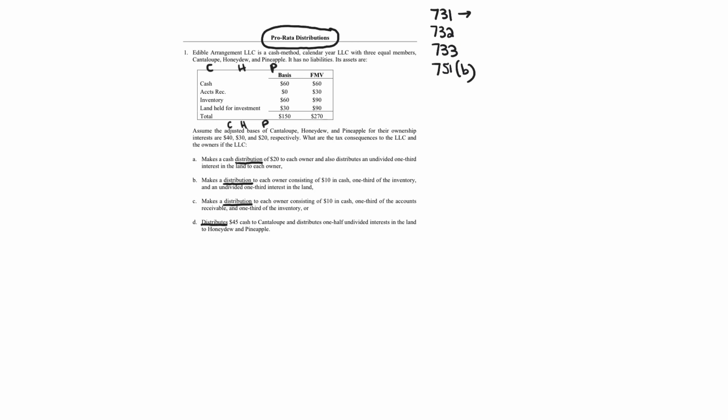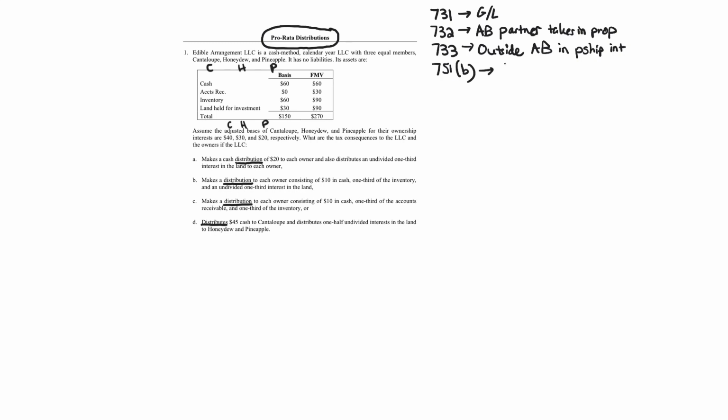We're going to go through some examples of where they might have gain, they might not, or loss, either this problem or the next problem. 732, so 731 is the gain or loss. 732 is the adjusted basis the partner takes in the distributed property.